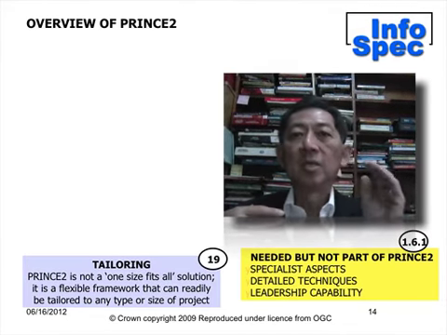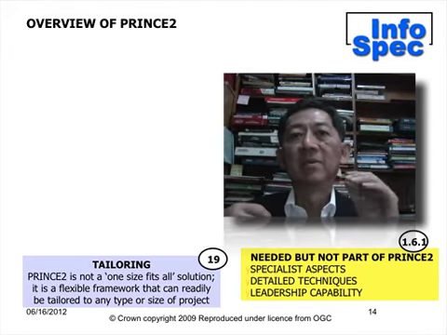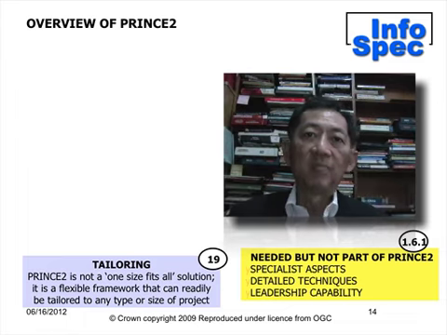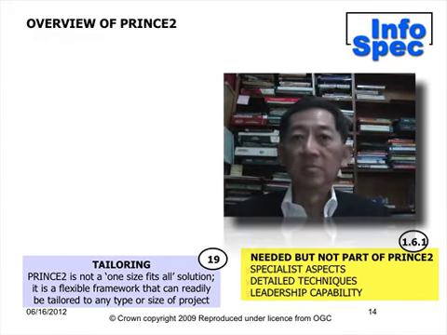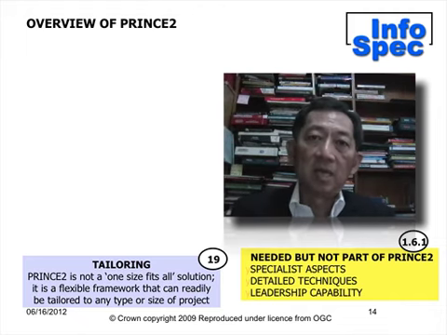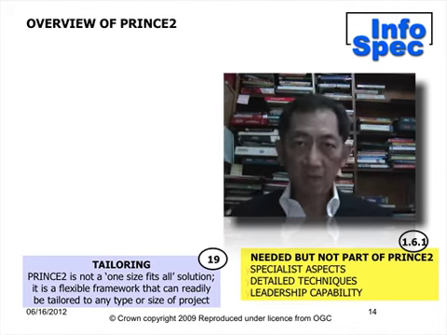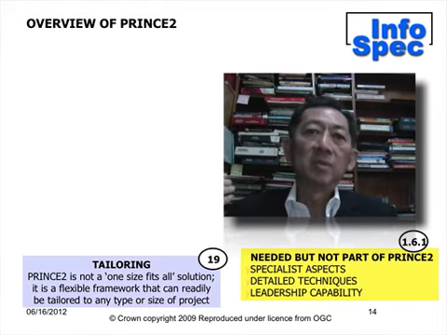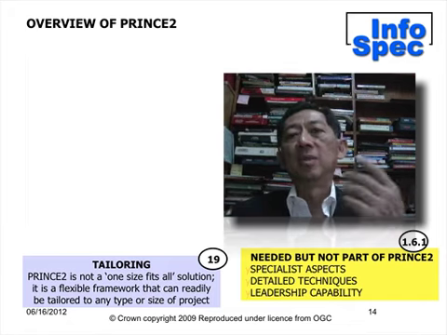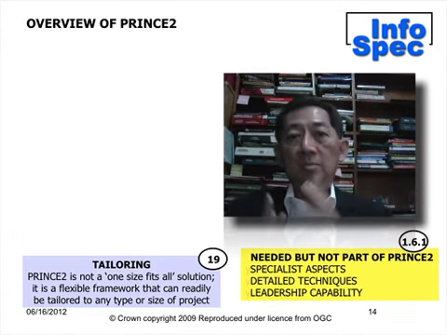Prince2 is a project management methodology, not a system development one, for those of you who come from an IT background. And if you're running a construction or housing development project, then again you need specialist skills in those areas. Prince2 doesn't address those areas because it is meant to be a flexible project management method that can be used for all kinds of projects.